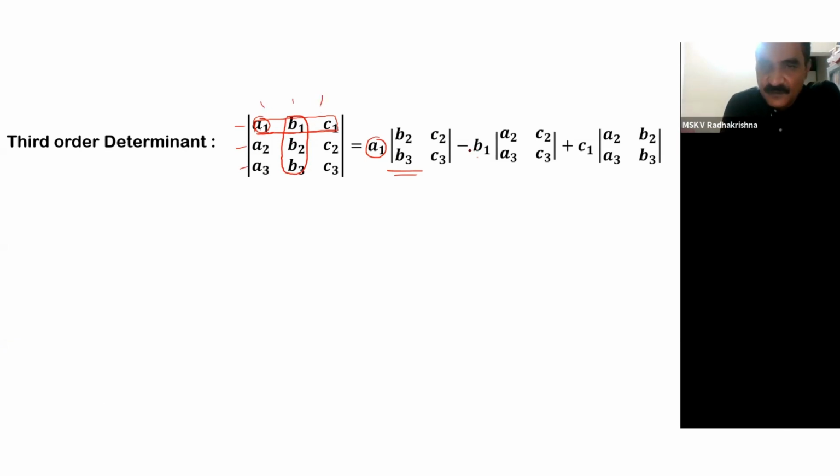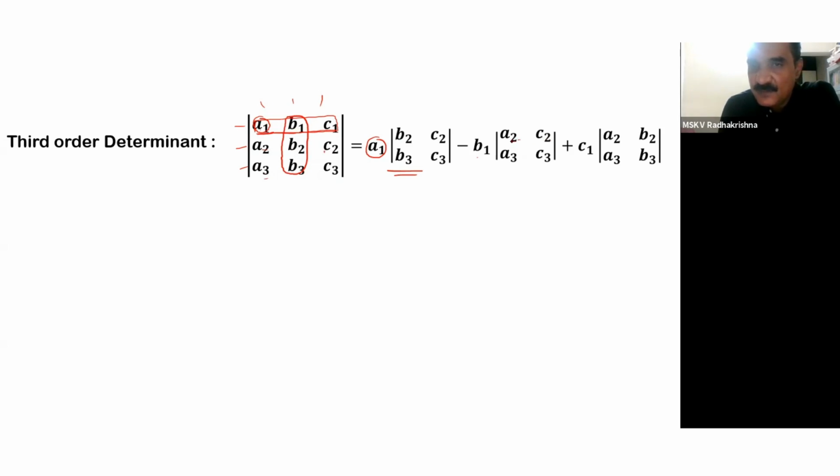Now, minus B1 into, if you remove the row containing B1 and column containing B1, what is the remaining subdeterminant? Only 4 numbers are left, A2, C2, A3, C3. The value of this determinant is, you should take them like this, A2, C2, these two, then A3, C3.